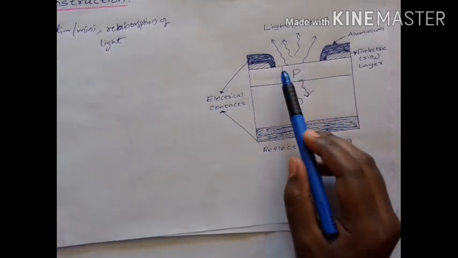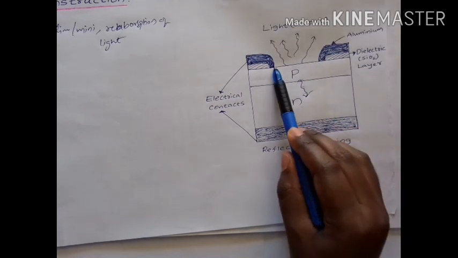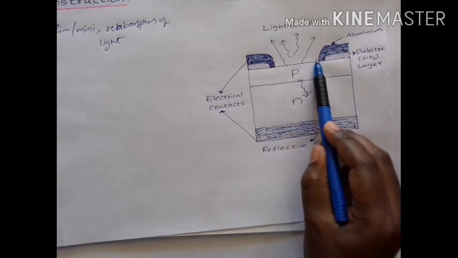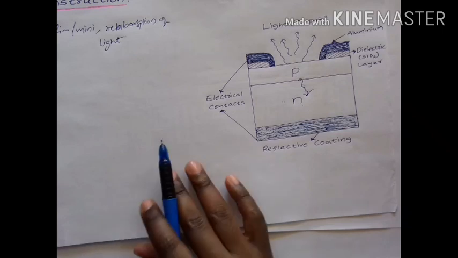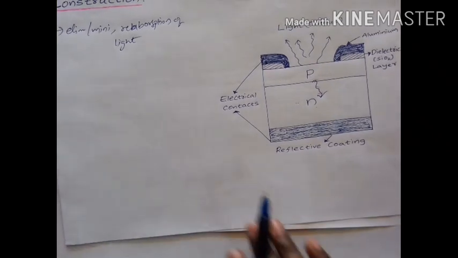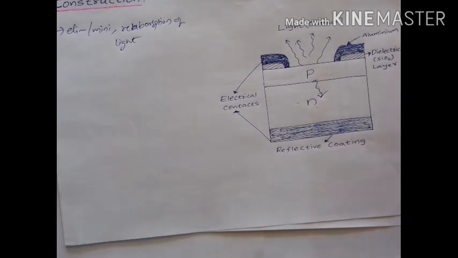And one more thing that you can observe from the diagram is that we are leaving as much area as possible for the light to escape from the PN junction surface. So this is the way we will construct, or we will place, the PN junction plane in the LEDs.